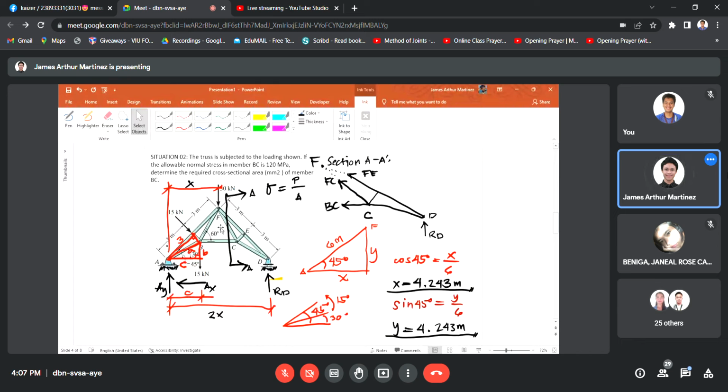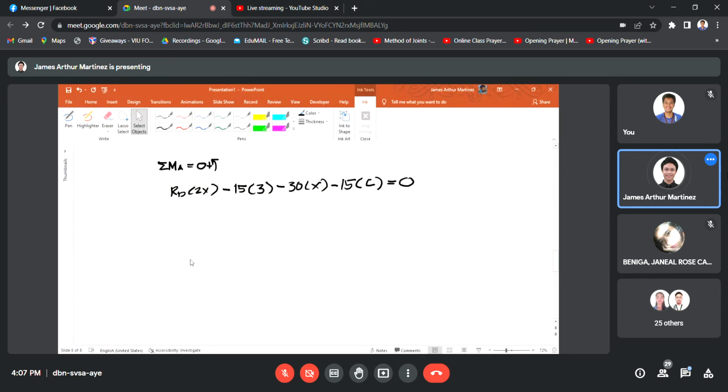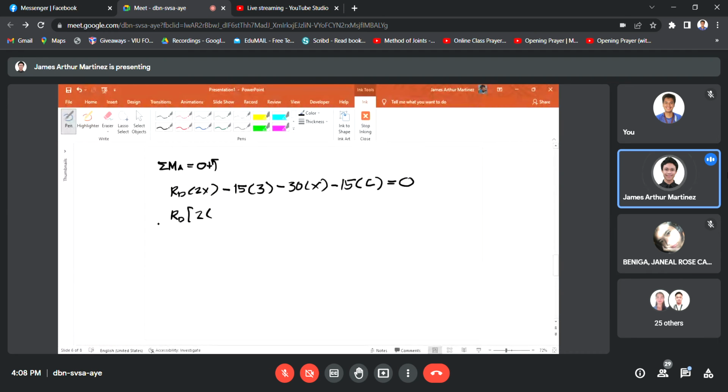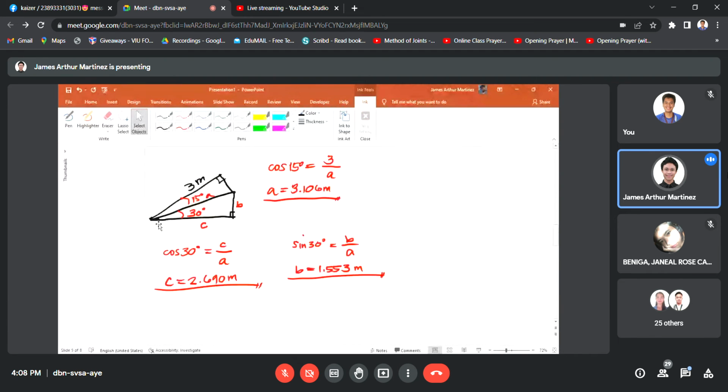So, sige. So, makompute na nato si RD, no? So, supplying the necessary data na ma-obtain nato, no, for X and C, makompute na nato si RD. So, RD times 2 times X is how much? 4.243.